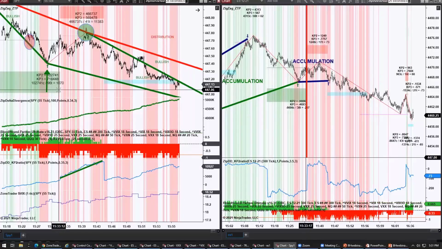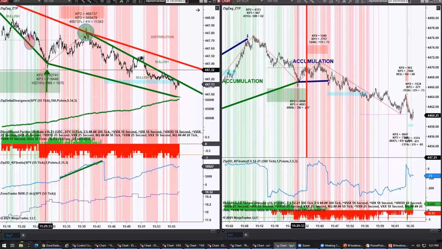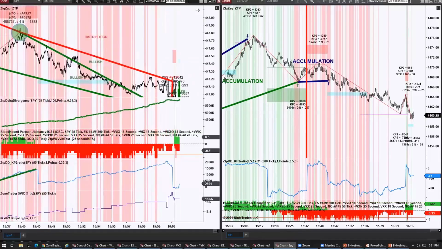And again, that's just something that I'm putting on the chart so that you know when we had both of those signals. Our only trading signal is back here. We don't have a signal right there, but we did have both accumulation on the ES and SPY divergence right there.